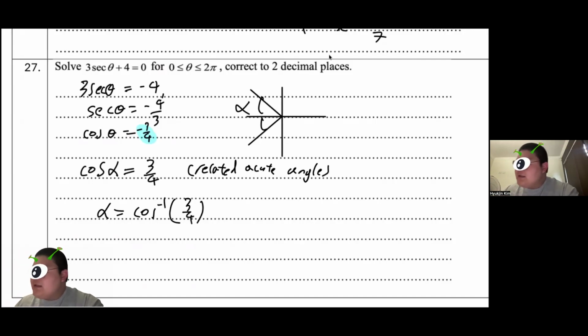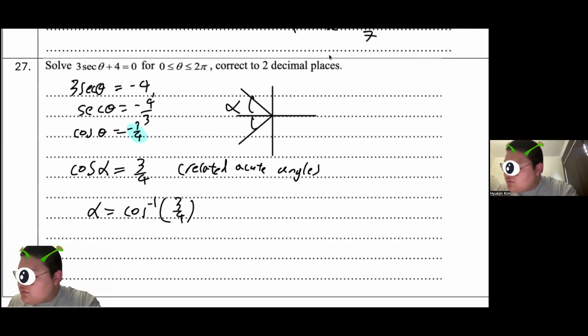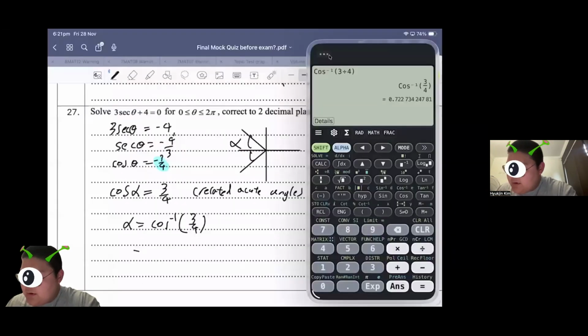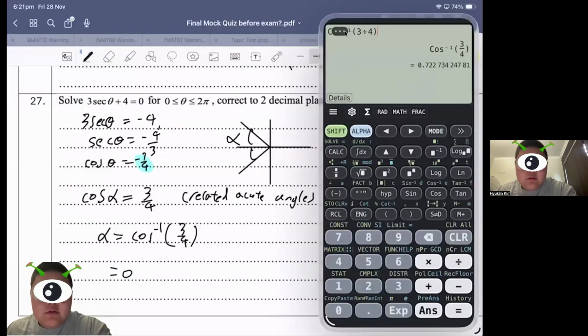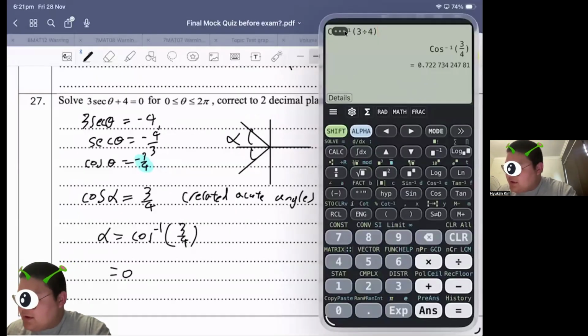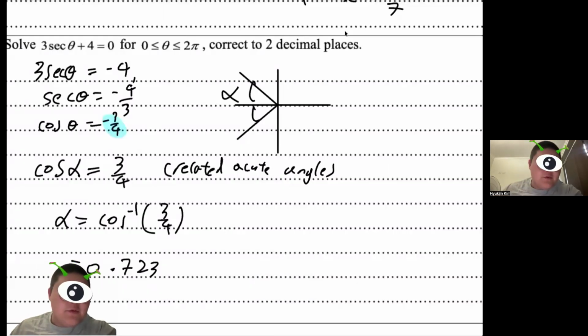It should be in radians, so you just solve it. Cos inverse of 3 on 4 is 0.7323, sorry, 0.723.